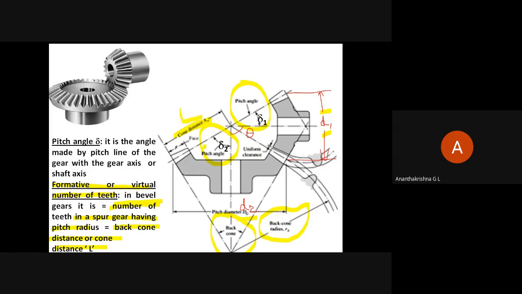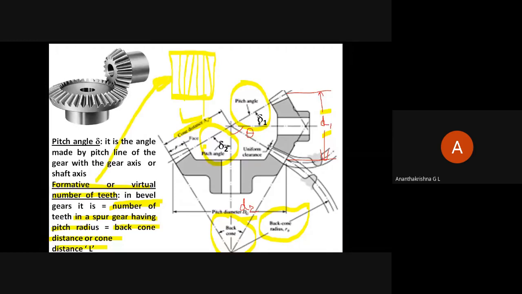If you take a cylinder of diameter equal to the back cone distance and cut spur gear teeth on that cylinder, whatever number of teeth we get on the cylinder is the virtual or formative number of teeth on a bevel gear.